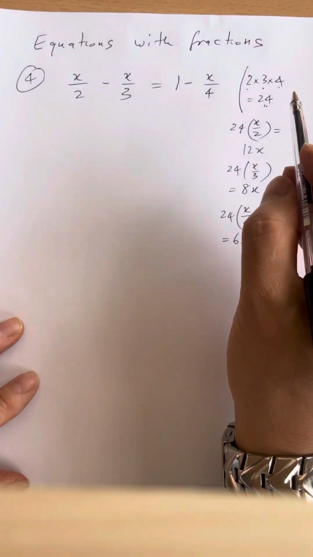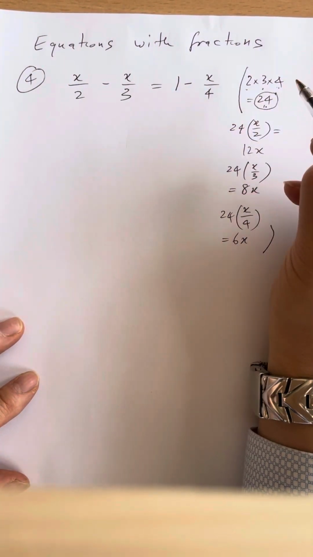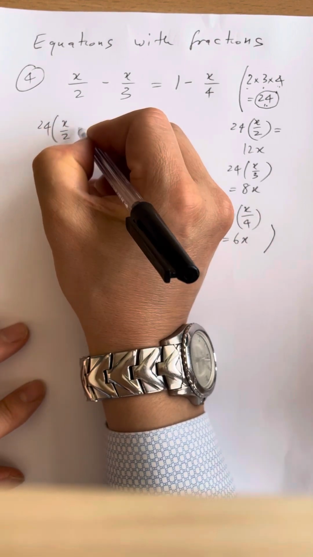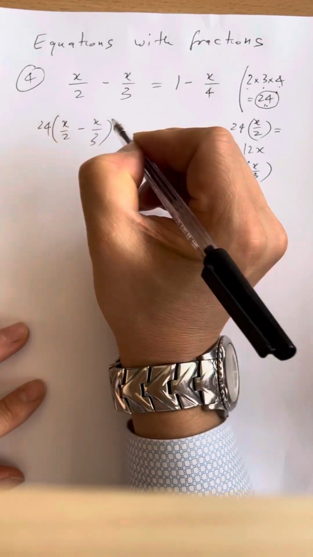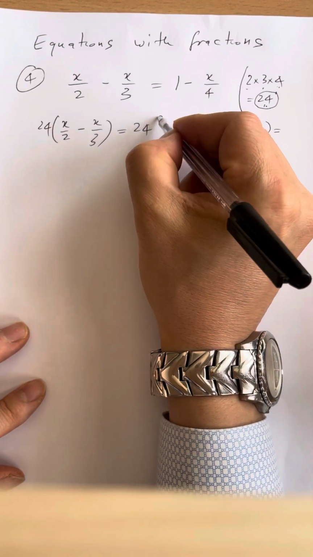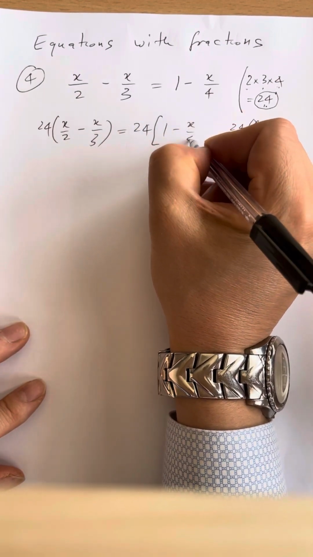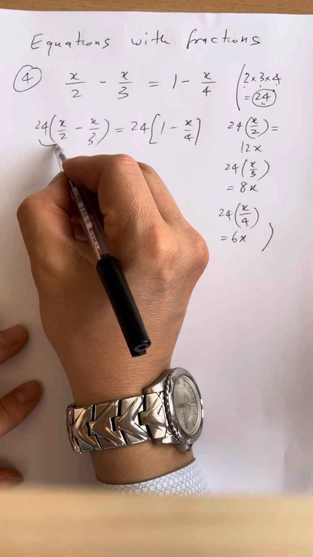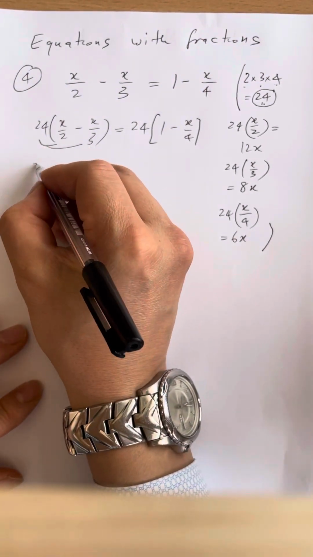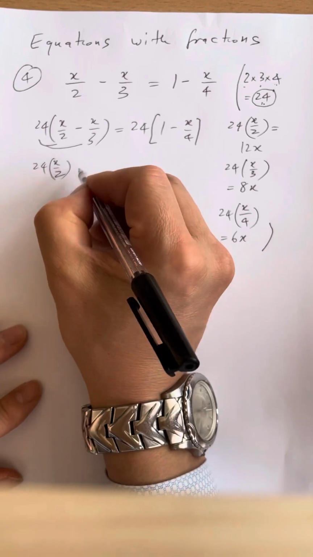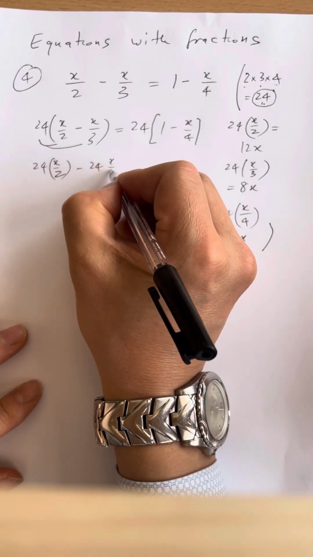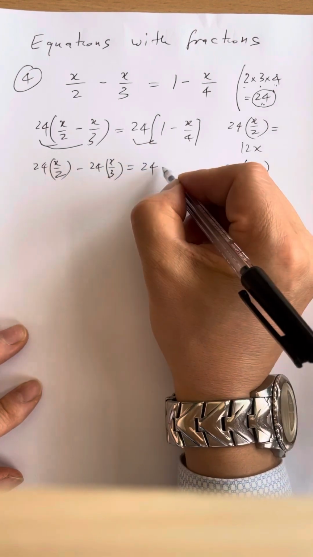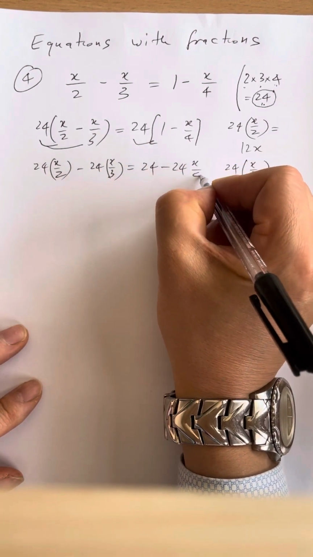So anyway, the first step is you multiply all the denominators. Then the second step is multiply both sides of the equation by that magical number that you just did. So then you multiply it out. So 24 times x on 2 minus 24 times x over 3 equals 24 times 1 is 24 minus 24 times x over 4.